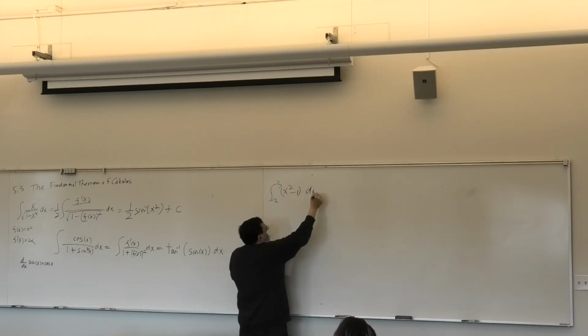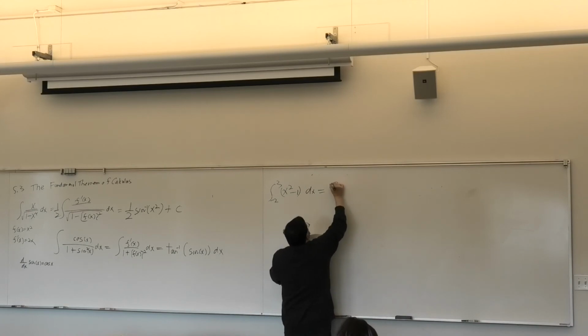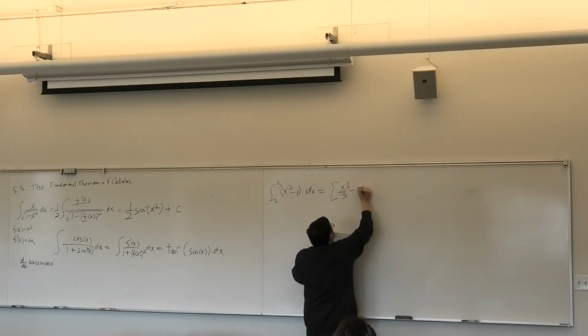This is simple enough, I'm just going to do it on the board real quickly. This becomes x cubed over 3 minus x, from -2 to 3.